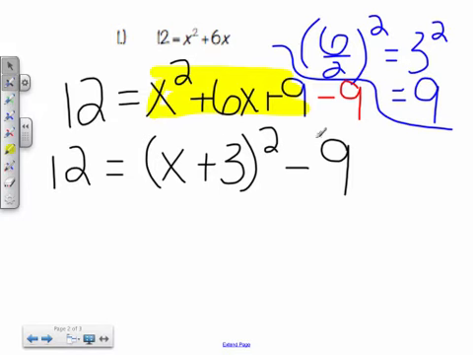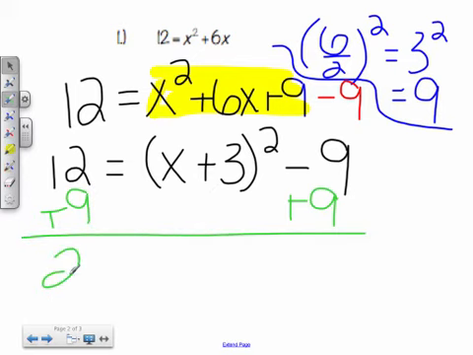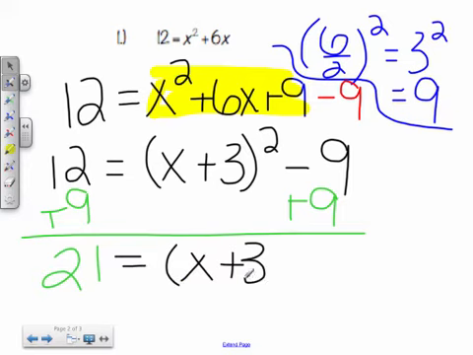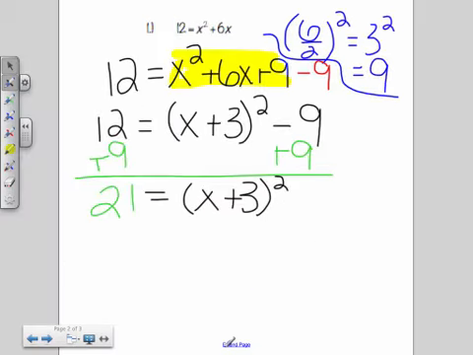So I need to get rid of this 9, and the way I would get rid of it is by adding 9 to both sides. So I'm going to add 9 to both sides, and I end up getting 21 equals the quantity x plus 3 squared. Okay, now in order to get rid of the square, I would do the inverse, so I'm going to square root both sides.